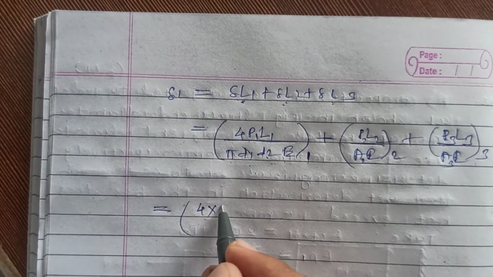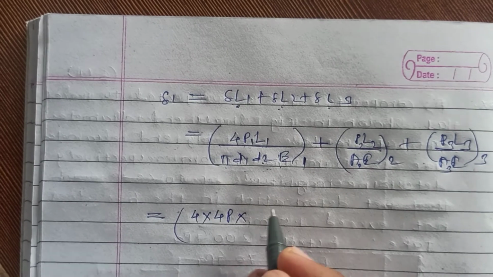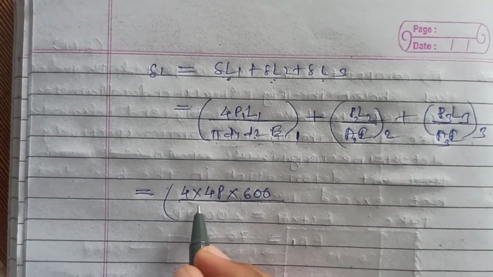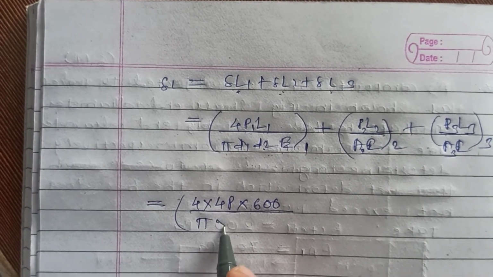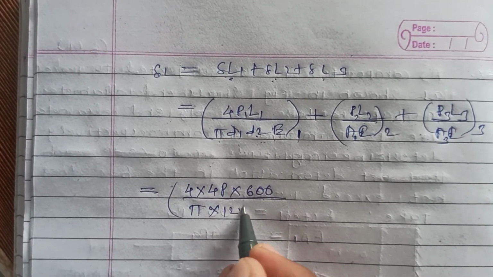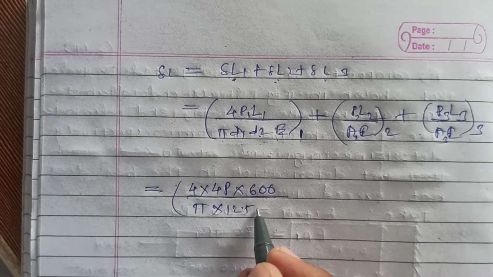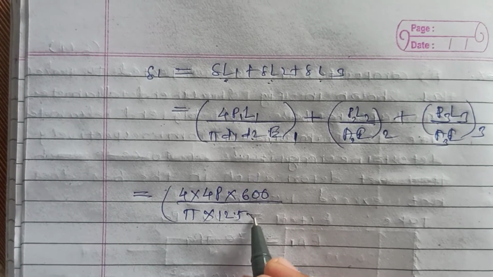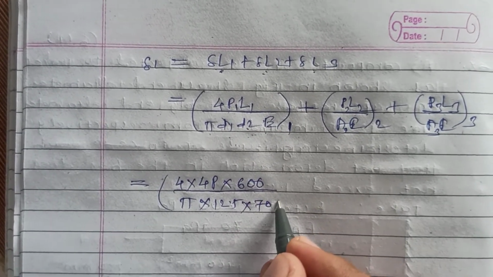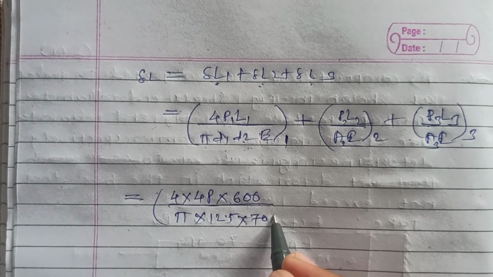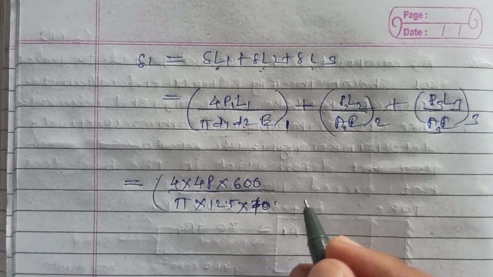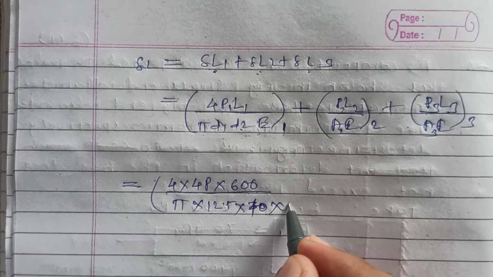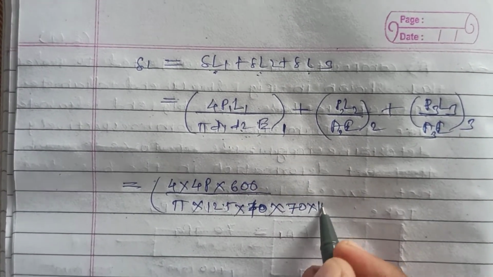So P1 is nothing but 4P into L1, that is 600, divided by pi into D1, which is given as 12.5, D2 is nothing but 40. It is given in the given data. Into E, which is 70 into 10 raised to 3.